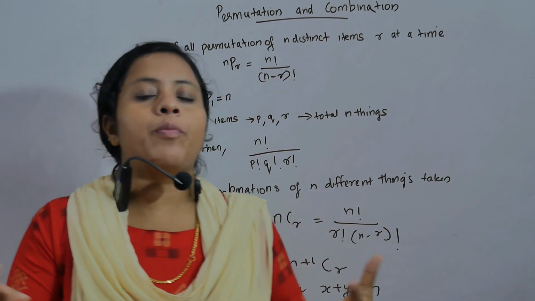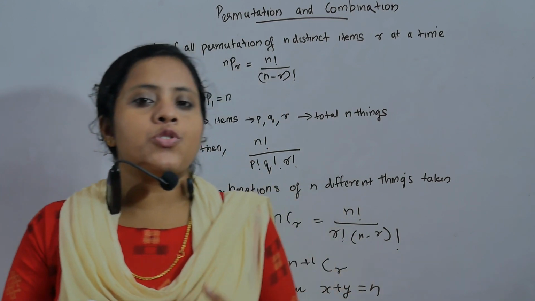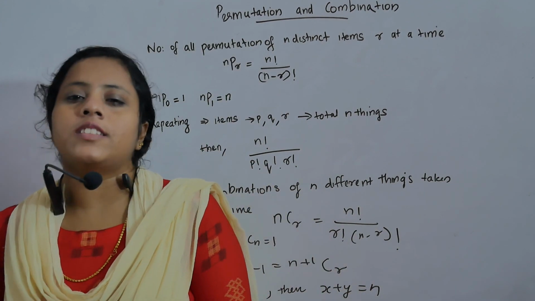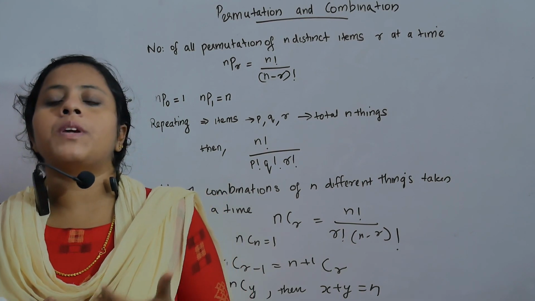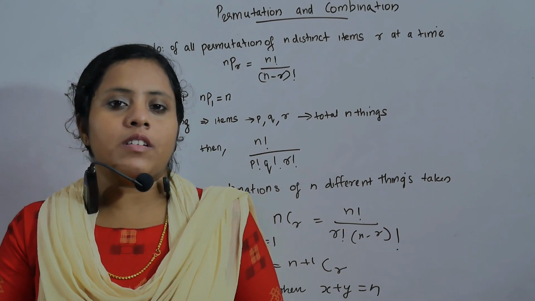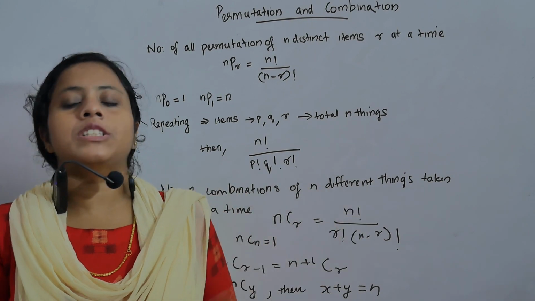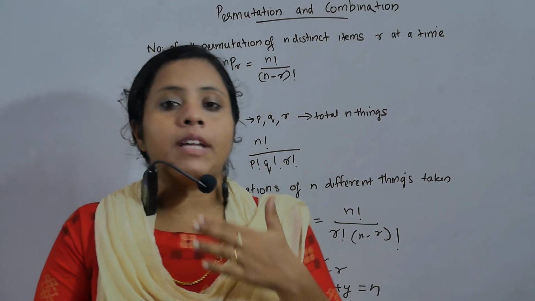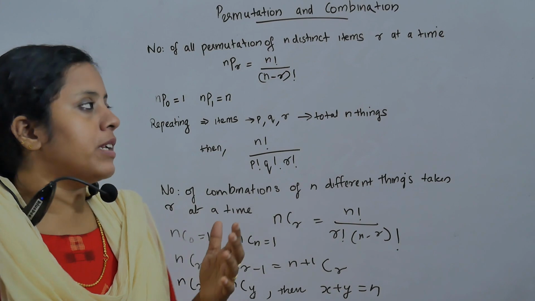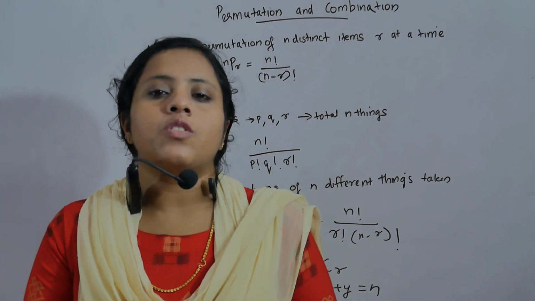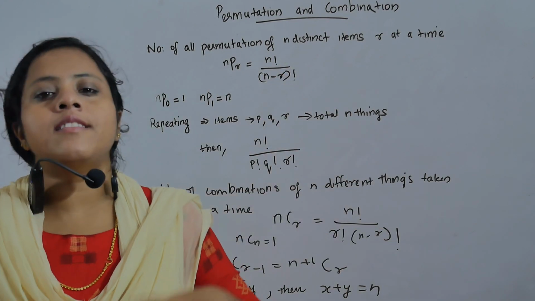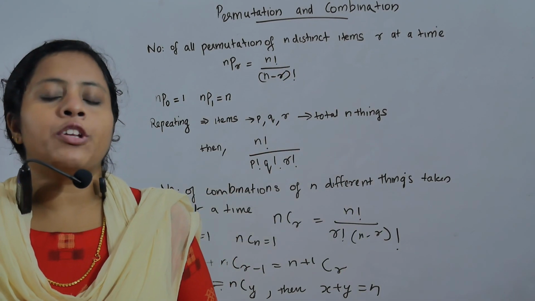Or if we have a group of people and we need to choose two people as leaders, or two people for a committee, in how many ways can we choose them? In that case we can use combination. There are many applications of permutation and combination that we'll see now, depending on the questions. First we will go through these formulas, then we will do the problems, then you'll be clear.